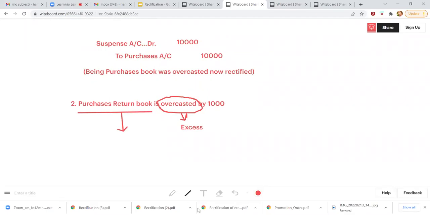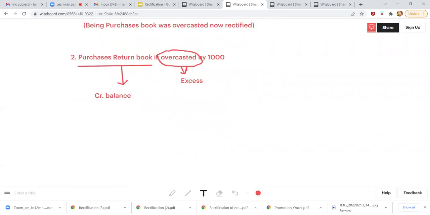So purchases return has the credit balance, as we have discussed and you have studied in your term 1. So here purchases return book has the credit balance, so it was mistakenly overcasted. So to rectify this error we will debit it, right?